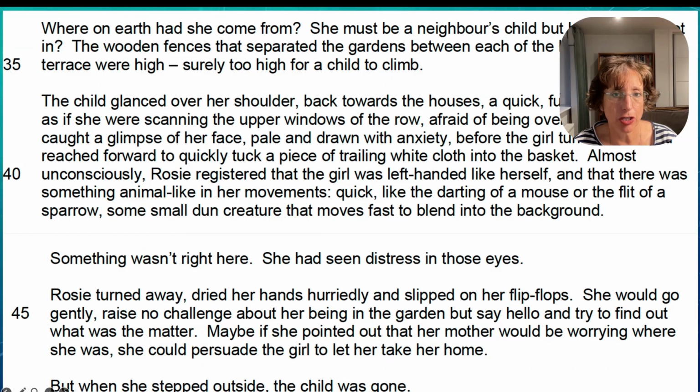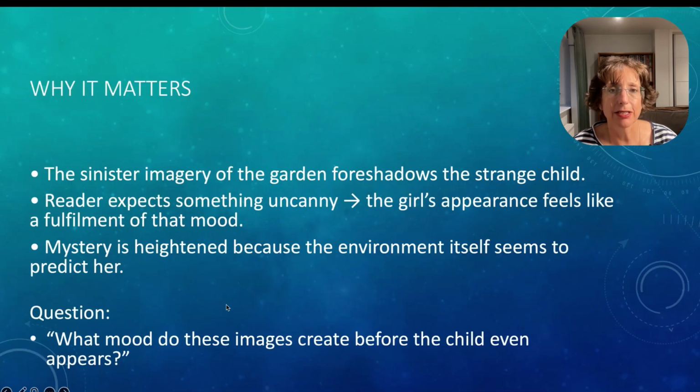So that is the structure. The sinister imagery of the garden foreshadows the strange child. Yes, because although we've been introduced to the girl before the description of the garden, we haven't had any details, have we? And the description of the girl is slightly odd, isn't it? Her appearance is not normal, what she's wearing, also the way she's described.